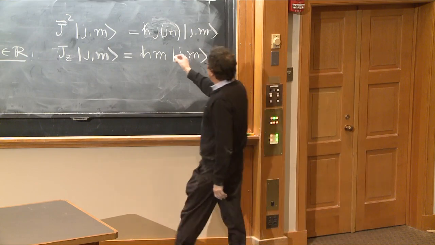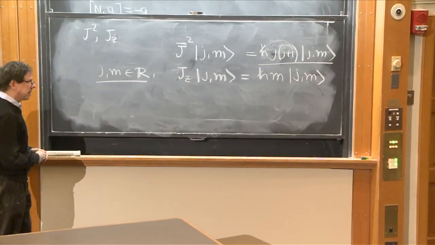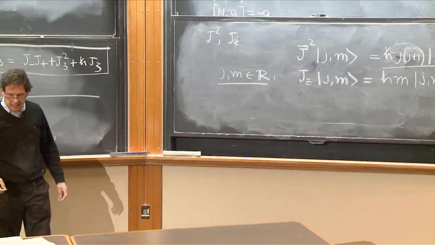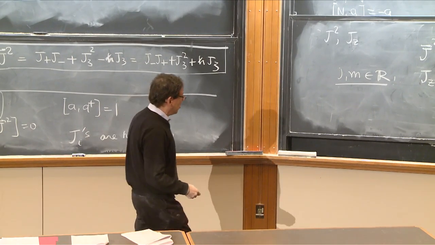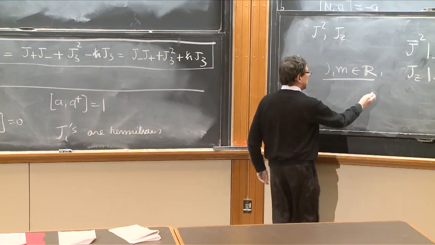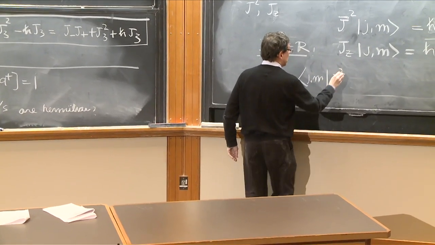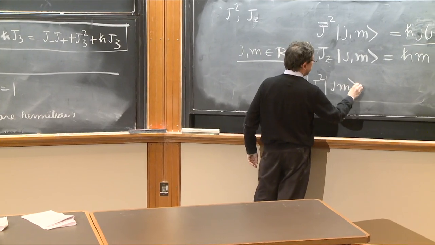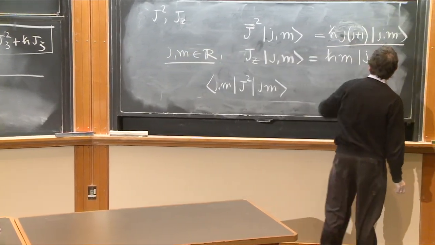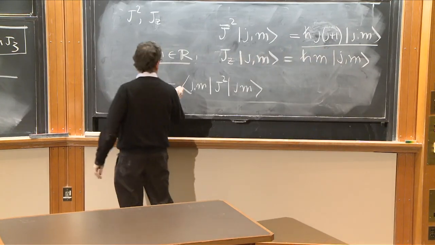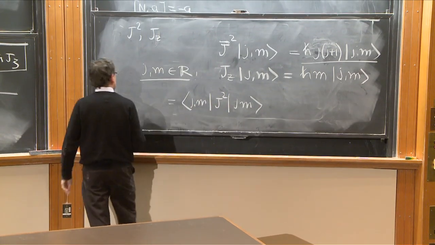So let's explain a little what's happening with this thing. Why do we put this like that, or why can we get away with this? The reason is the following. Let's consider Jm, J squared, Jm. J squared on this is this number, and Jm with itself will be 1.